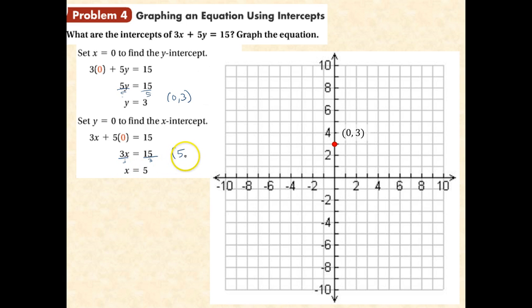So we got the point 5, 0. Our x value was 5, our y value was 0. So let's plot that point. Over 5, up 0. Boom. We've got 2 points, and a line is defined by 2 points. So, whoosh, draw a line through it. Sweetums.